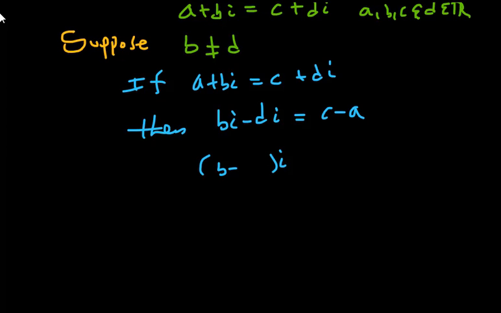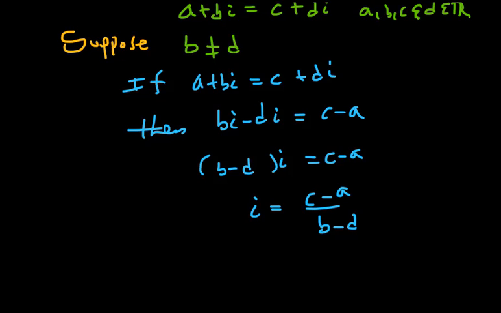So (B minus D)i is equal to C minus A. Just divide both sides by B minus D. So finally we will come up with i equals (C minus A) over (B minus D). This is our final result.